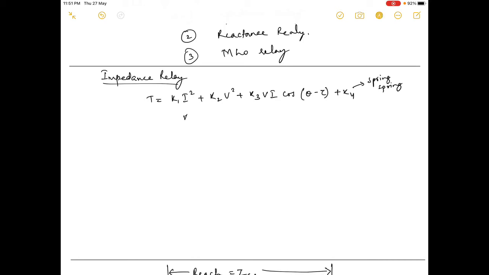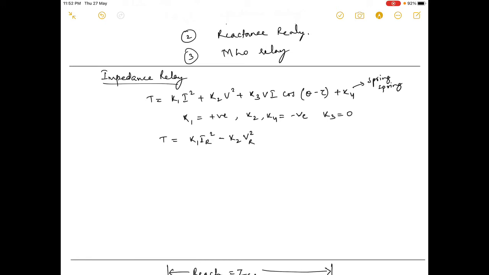To build an impedance relay, what we have to do is, K1 must be positive, and K2 and K4 both must be negative, and K3 must be 0. Now our torque equation becomes K1 IR square minus K2 VR square minus K4.